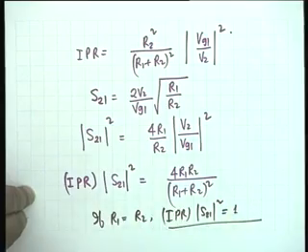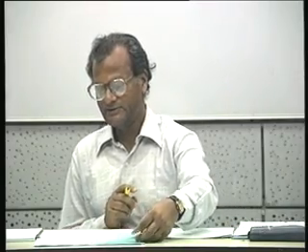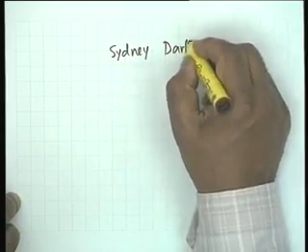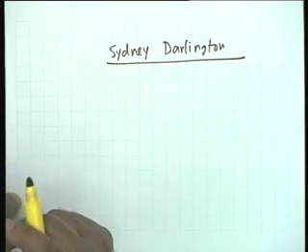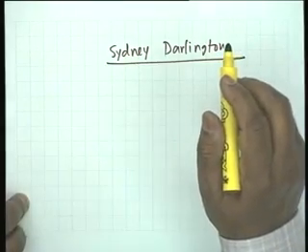This relationship was utilized by a gentleman named Darlington, who died at the age of 99 a few years ago. Sidney Darlington utilized this result to synthesize networks, and this is our first glimpse into network synthesis.